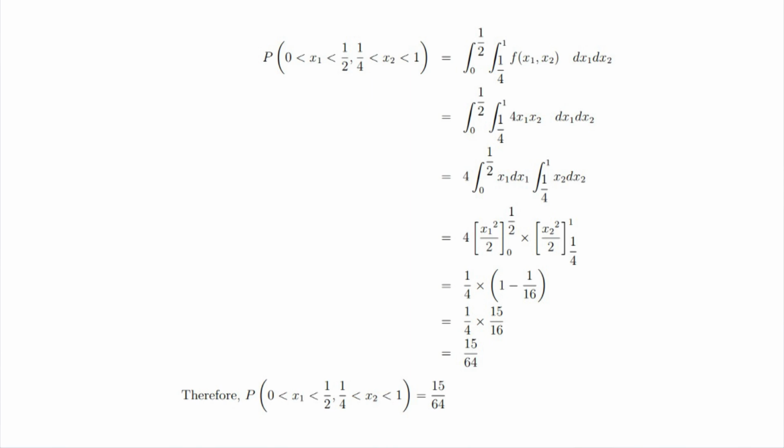On simplification, we have 1/4 into (1 - 1/16), which is equal to 15/64. Therefore, the probability of 0 < x1 < 1/2, 1/4 < x2 < 1 is equal to 15/64.